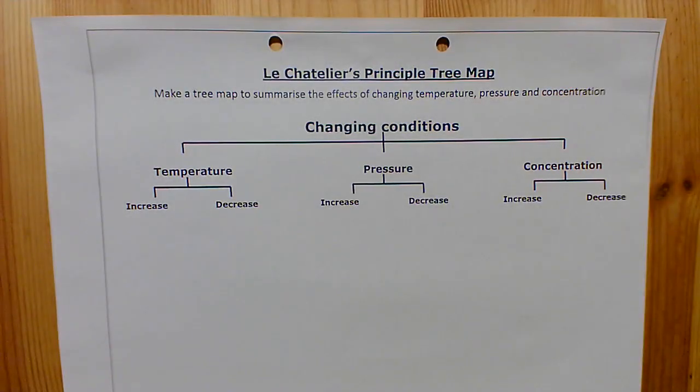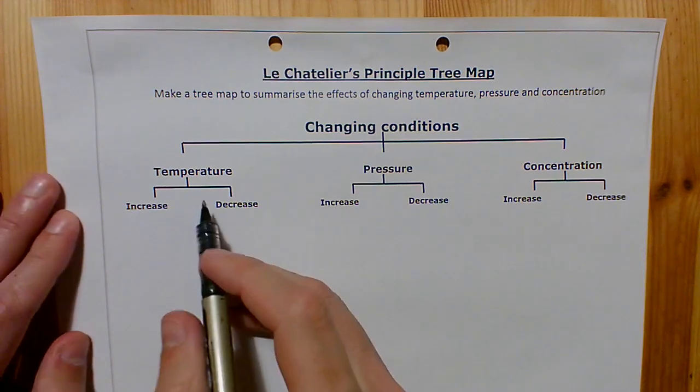Finally, we're just going to summarize the effect of the conditions you can change on a dynamic equilibrium. Now remember, the three things you can change are temperature, pressure, concentration. The other thing you might be asked about is a catalyst, but remember, catalysts don't have any effect on the position of equilibrium. So we'll start with temperature.